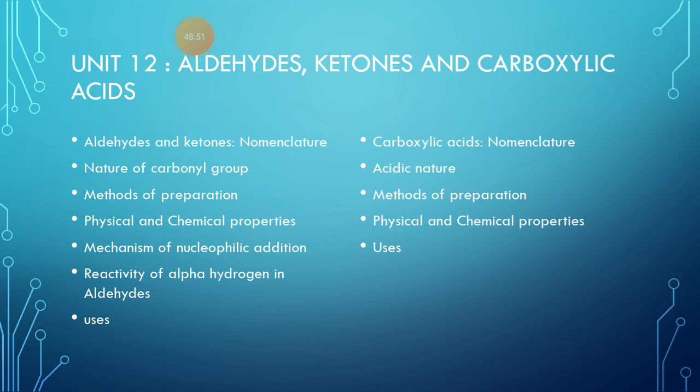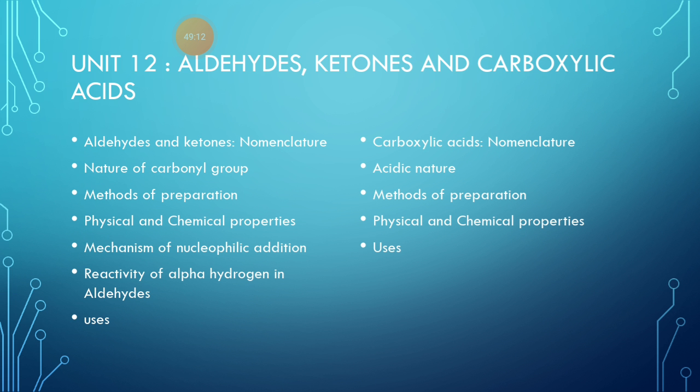Then the method of preparation of aldehydes and ketones, physical and chemical properties of aldehydes and ketones, and the mechanism of nucleophilic addition reactions. Here, in particular, the addition of HCN we are going to learn with the mechanism.